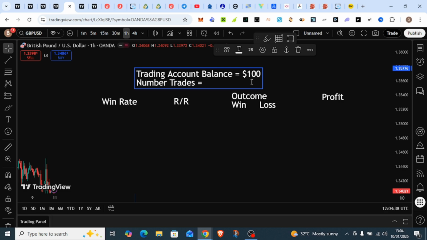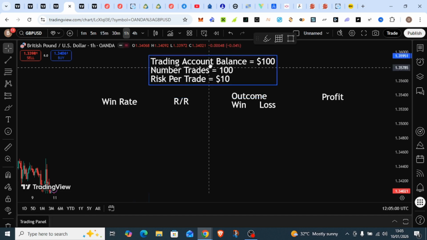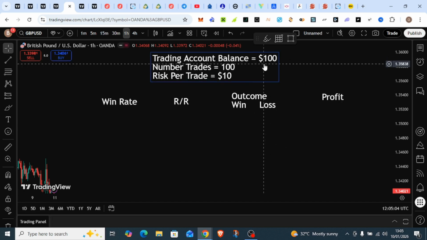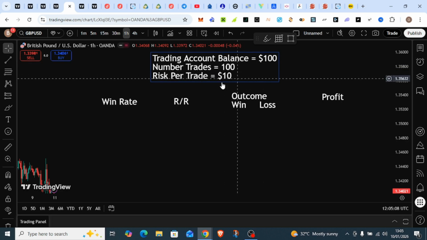Let's assume we take 100 trades and we are risking, risk per trade, $10 per trade. Good. These are the conditions here. Trading account balance is $100. Number of trades 100. Risk per trade $10.